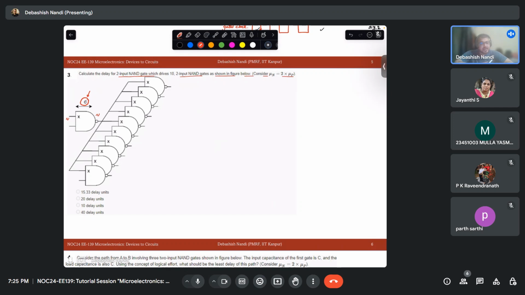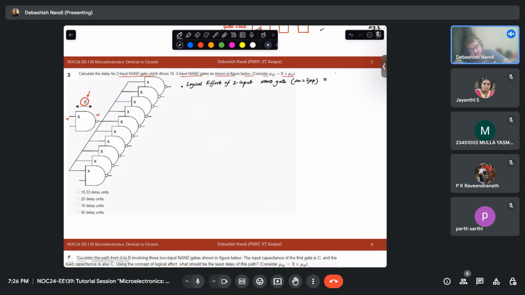So for the two input NAND gate, we have some information. We know the logical effort of a two input NAND gate with mu n equals 2 mu p.